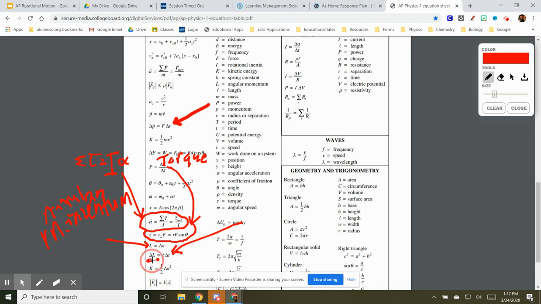Okay, so this is the formula that we're working with today, because I can also play with that equation in order to show you that angular momentum is conserved. So let's go play with this equation really quick.